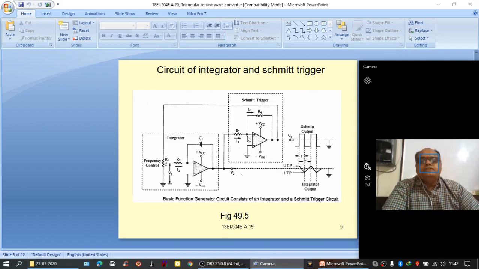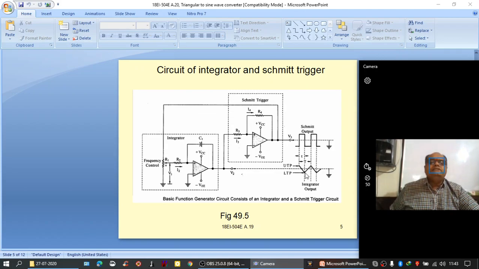At one particular point, when the voltage on the capacitor reaches LTP, the potential at the non-inverting terminal of this second operational amplifier will become 0 or slightly less than 0. So the comparator output of this Schmitt trigger will go to negative saturation.